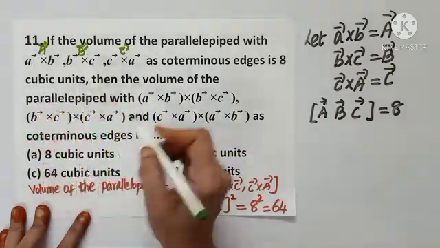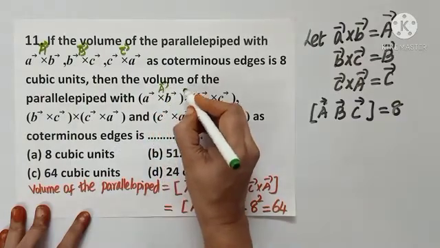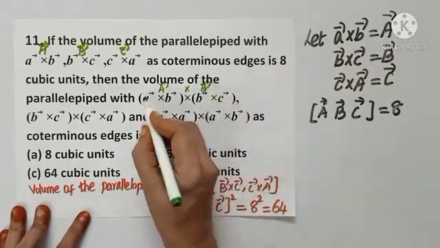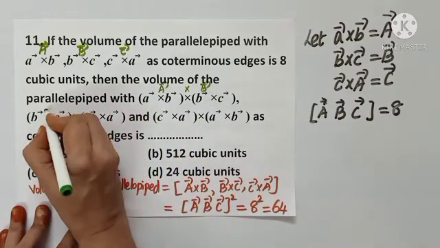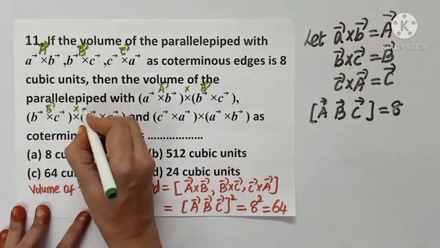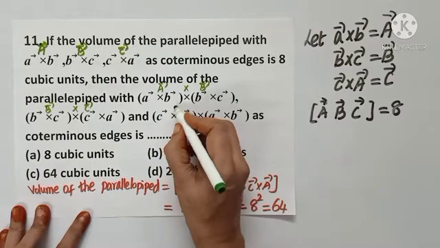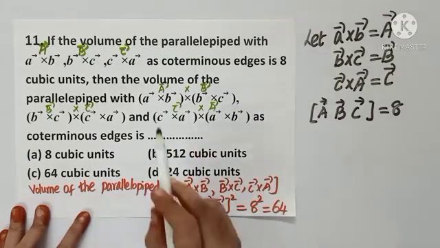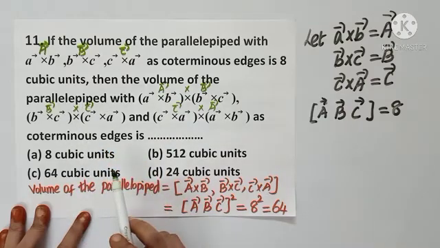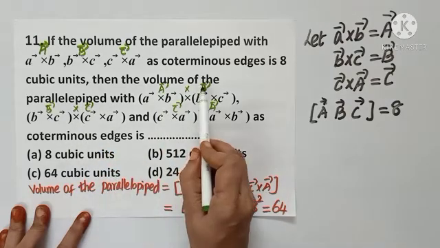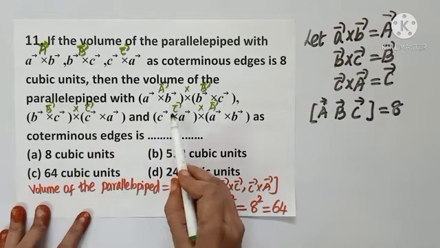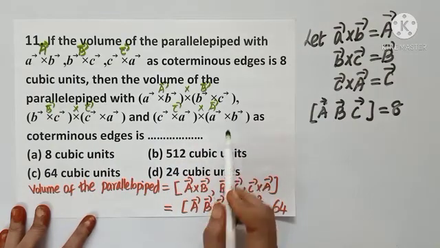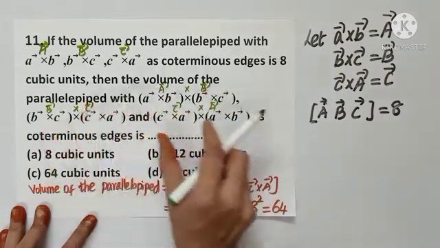By this name I can write A cross B one side, the other side is B cross C, the other side is C cross A. So the new parallelepiped having the edges A cross B, B cross C, C cross A, the volume will be box of all the three.